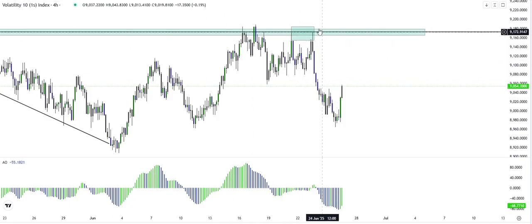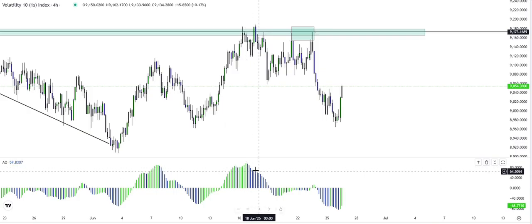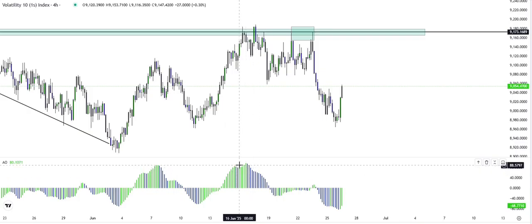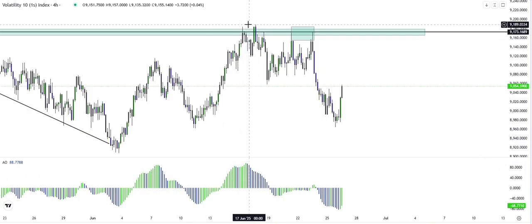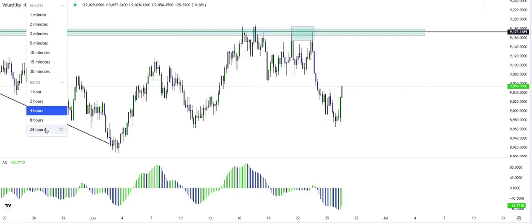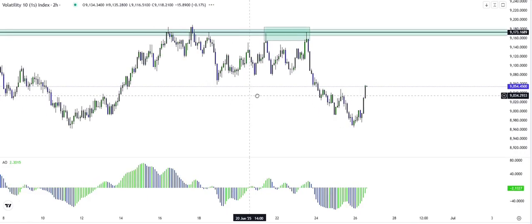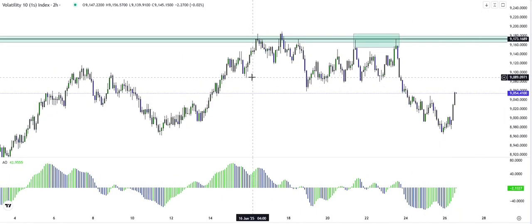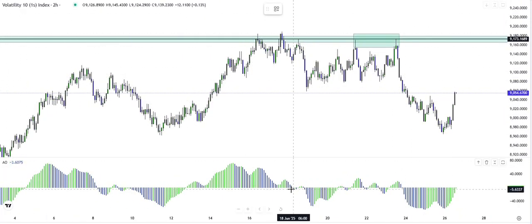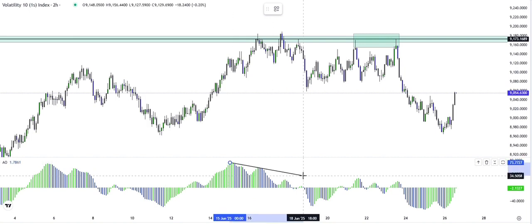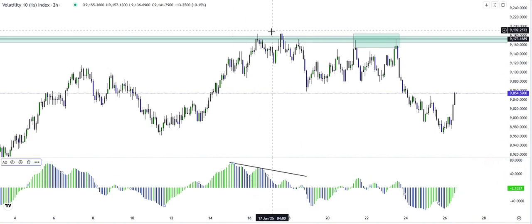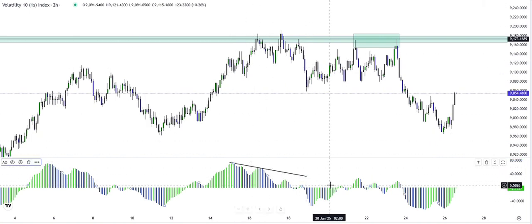Since I'm trading this QM there, 4 hour, I check, I don't see any divergence. Okay, we do have a bit there, but it wasn't too clear. So I'd keep on changing time frames to look for my divergence. And as you can see right there, I found my divergence. Now it's more clear. Price is making higher highs whilst the AO is making lower lows.